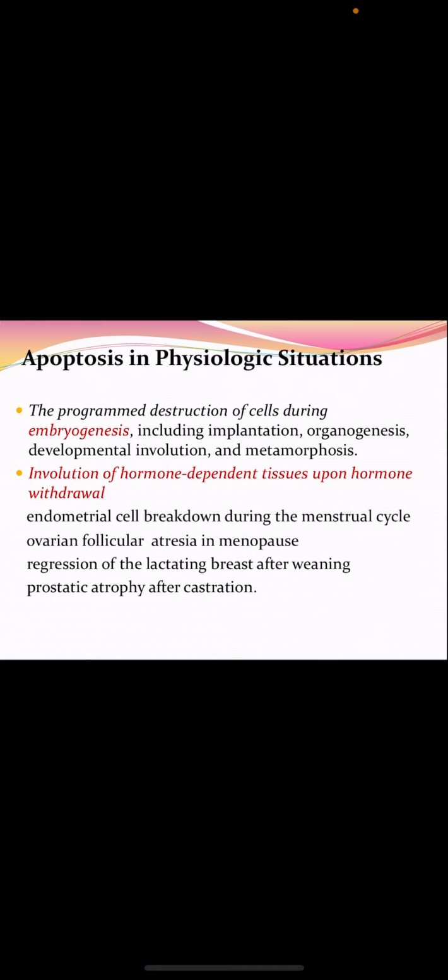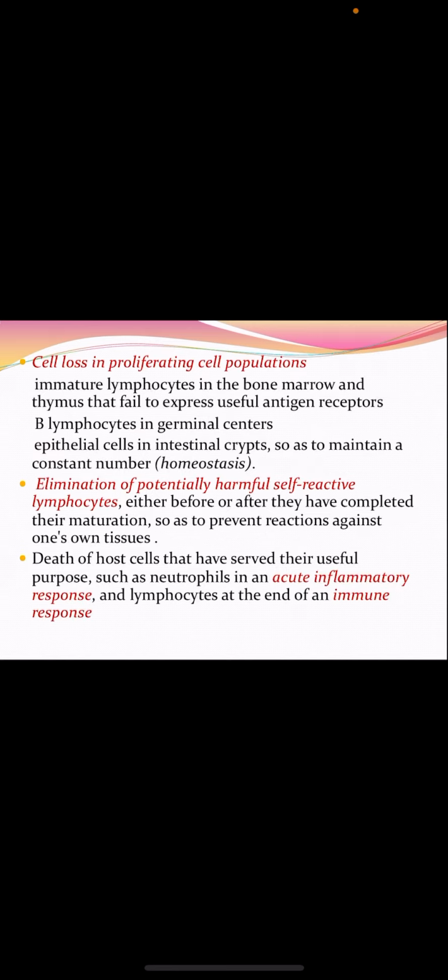Involution of hormone-dependent tissue upon hormone withdrawal, as in the case of endometrial cell breakdown during the menstrual cycle, ovarian follicular atresia in menopause, regression of lactating breast after weaning, and prostatic atrophy after castration.